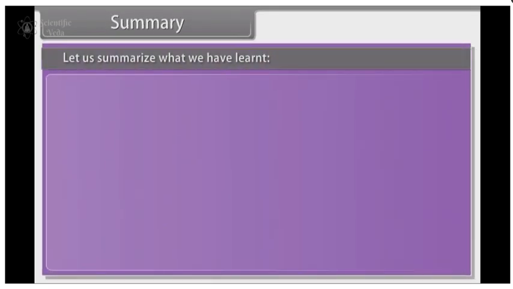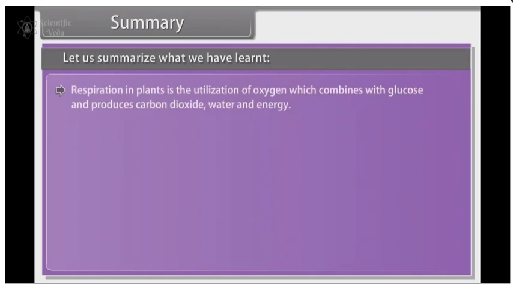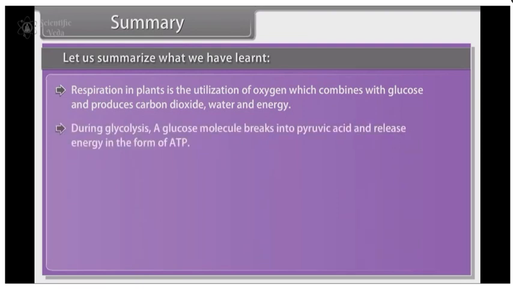Summary. Let us summarize what we have learned. Respiration in plants is the utilization of oxygen, which combines with glucose and produces carbon dioxide, water and energy. During glycolysis, a glucose molecule breaks into pyruvic acid and releases energy in the form of ATP.